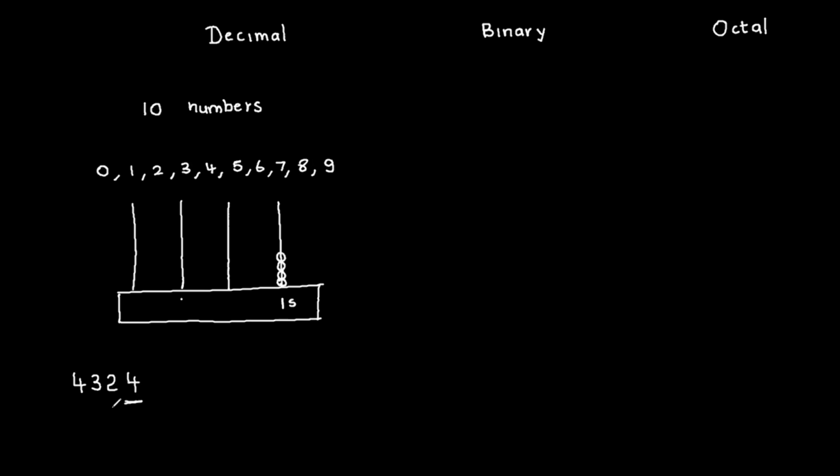Then this one is the tens place, and here we have 2 beads. Similarly, for the digit 3, the place value is hundreds, so we have 3 beads here. And finally, for the thousands place value, we have 4 beads. Let me draw that also.